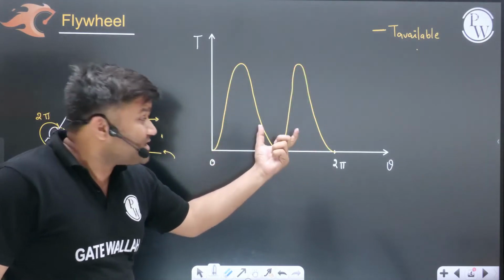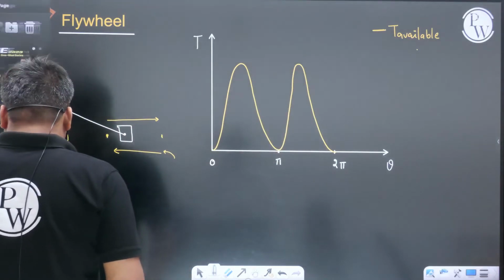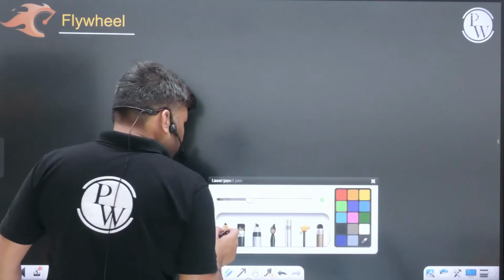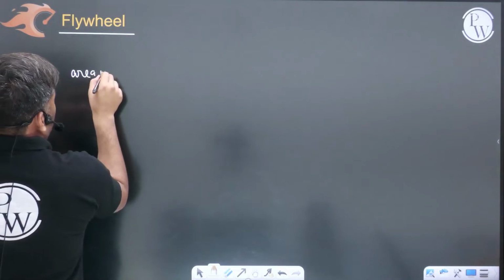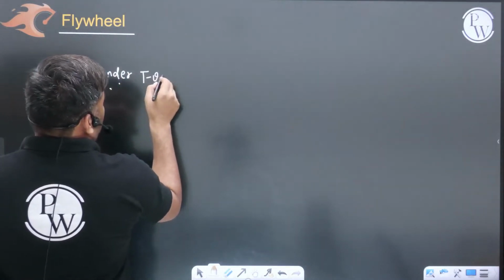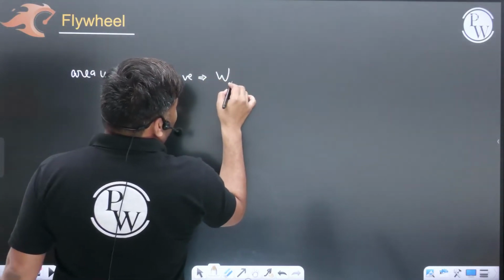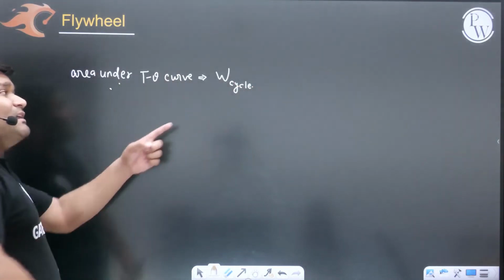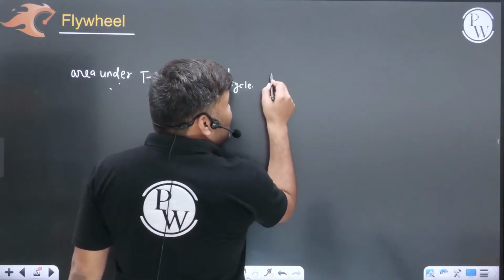So the area under the curve, the area under the T theta diagram, the T theta curve, shows the work done in one cycle. How much work has been done in one cycle?